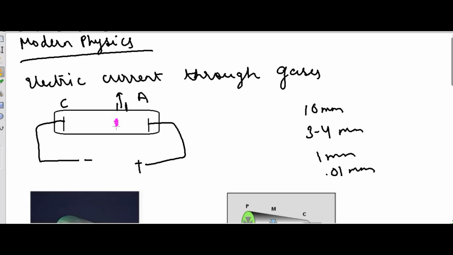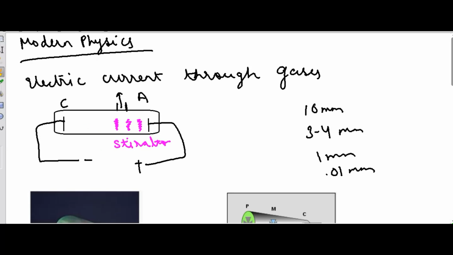These bands are separated by small dark spaces, and this phenomenon is known as striation. So we have dark spaces between these reddish glows, and these are known as striations.